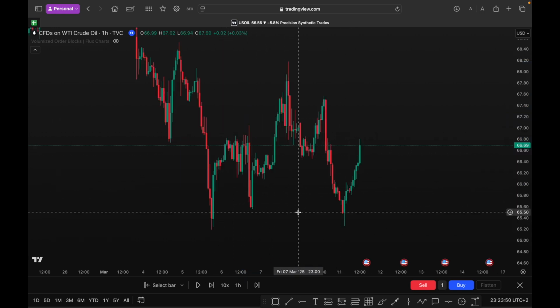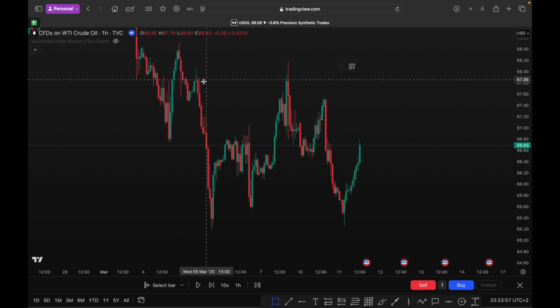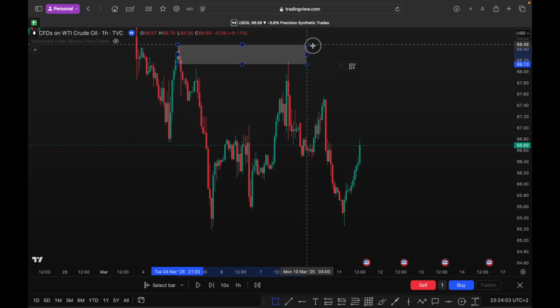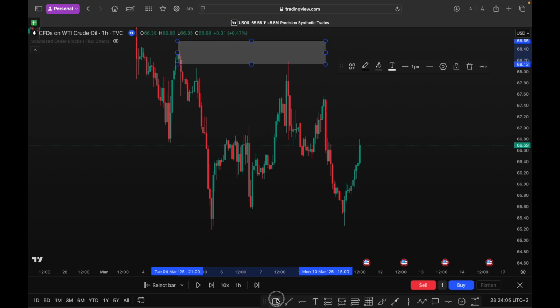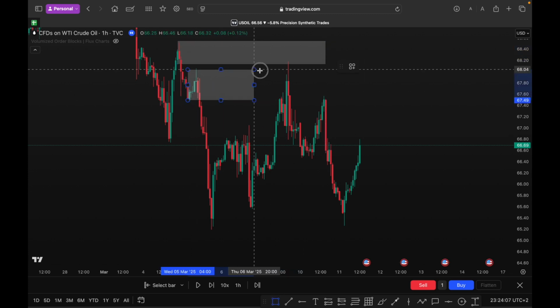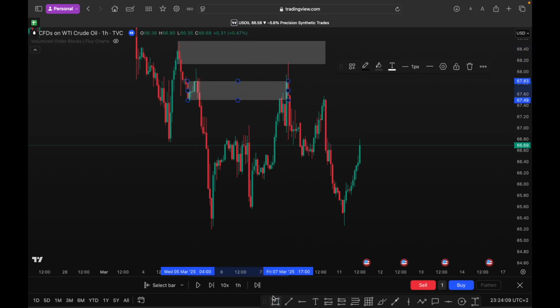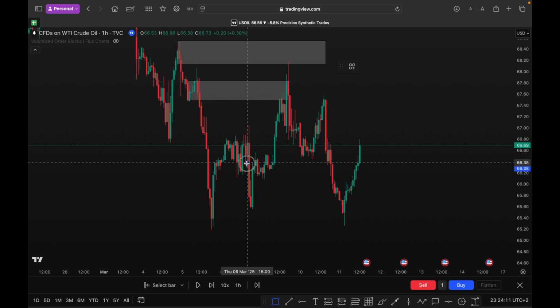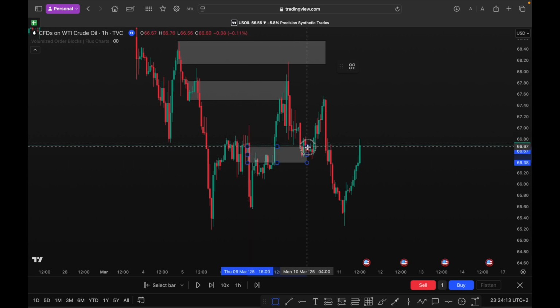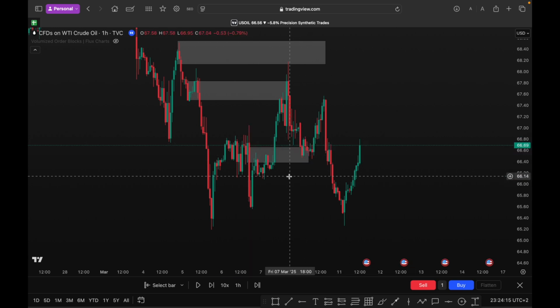Alright, so when we look at this chart, a lot of people will literally drag an order block for every opposite candle when a move goes down. So a lot of people will draw out this zone, a lot of people will draw out this zone, then a lot of people even draw out this zone without following the market structure and what price is telling you.